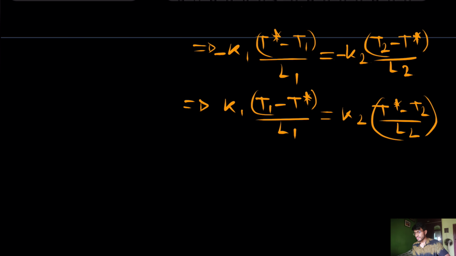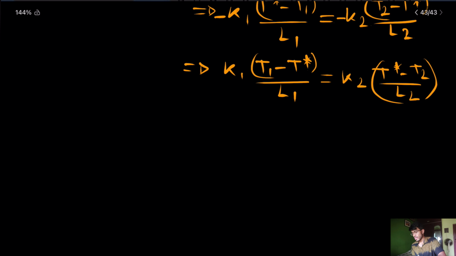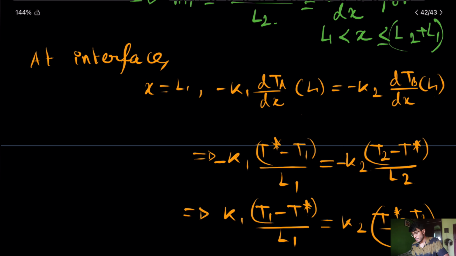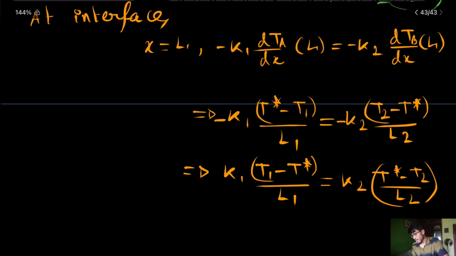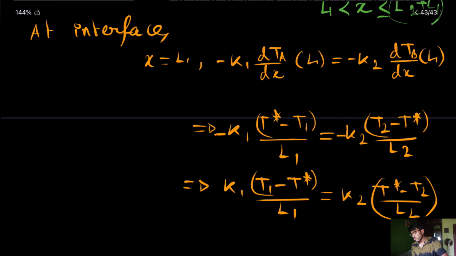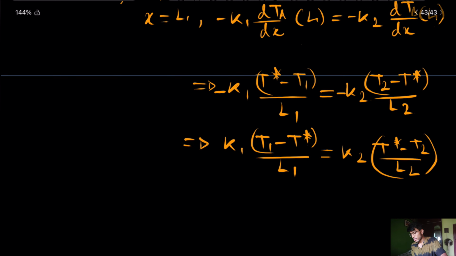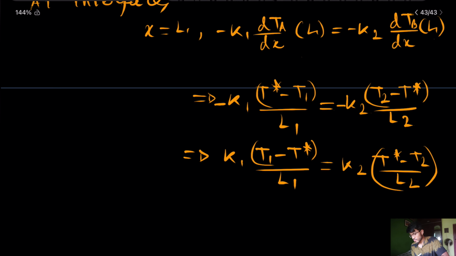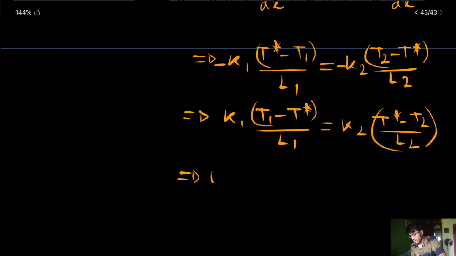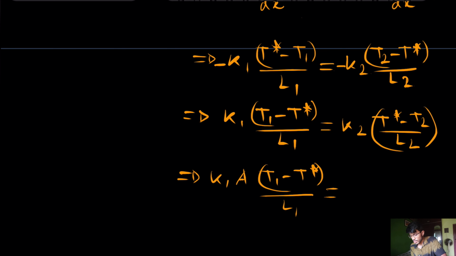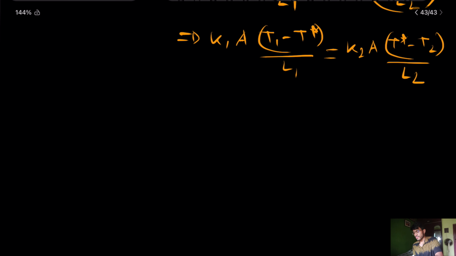But the main argument here is, you see that... I think I have missed something, okay, I have not missed something. So if I now multiply the area, K2A, because the area is same for both, okay.